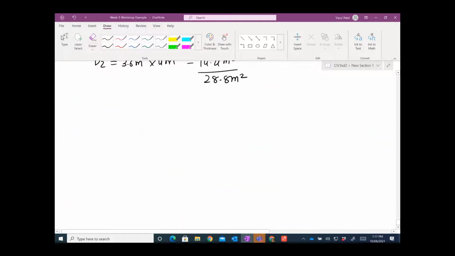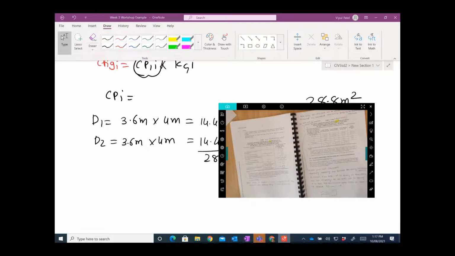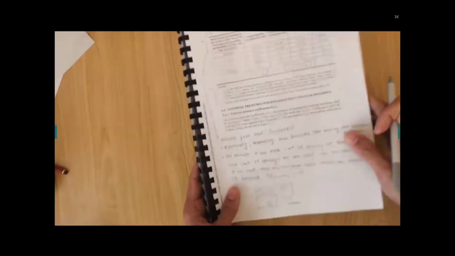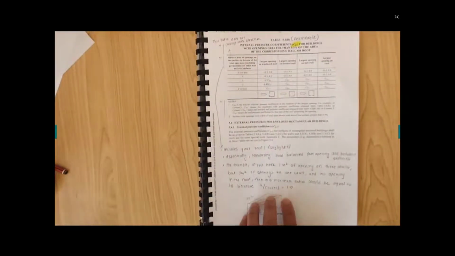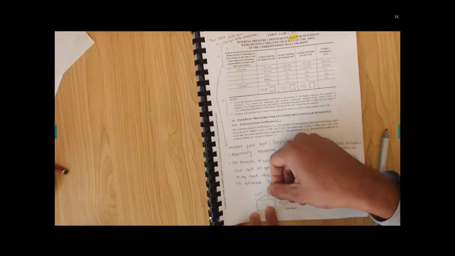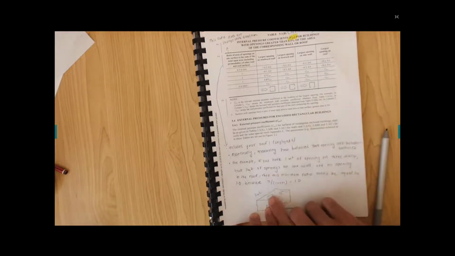So now let me explain this. Can you see these structures? Have an opening, let's say wind is coming from here. Okay. And let's say you have an opening here, 3 meters square. On the roof, let's say you have some hole or some window, then you have an opening here, 3 meters square.